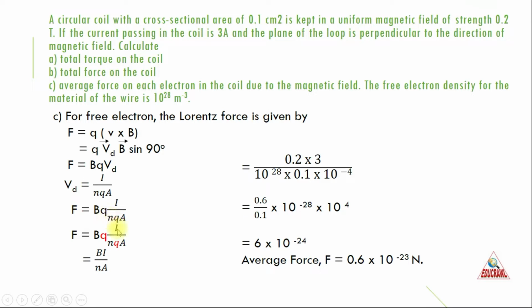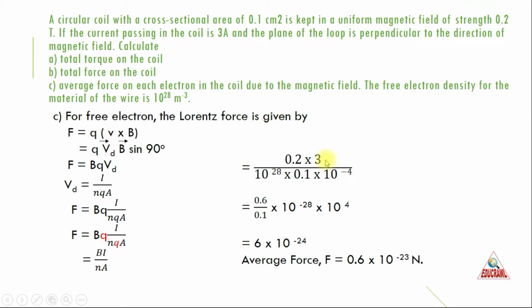Here in the numerator and denominator we have the same charge Q. Cancelling it, we get the expression for F as F is equal to BI by NA, where B is the magnetic field, I is the current, N is the free electron density and A is the area.